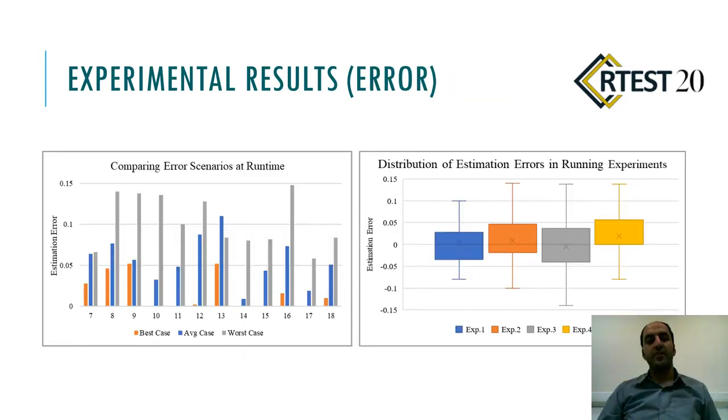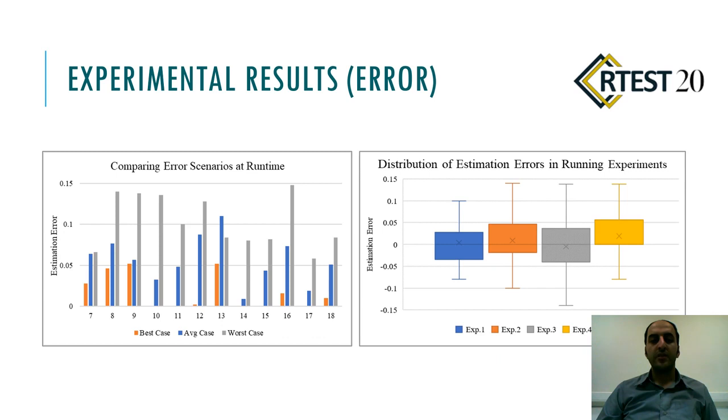Well, the second experiment is about analyzing the estimation error. According to the execution of more than 100 loops of MAPE, the best, average, and worst case error in each round are denoted. As the worst case rarely happens, the average case is a good measurement for estimation error.